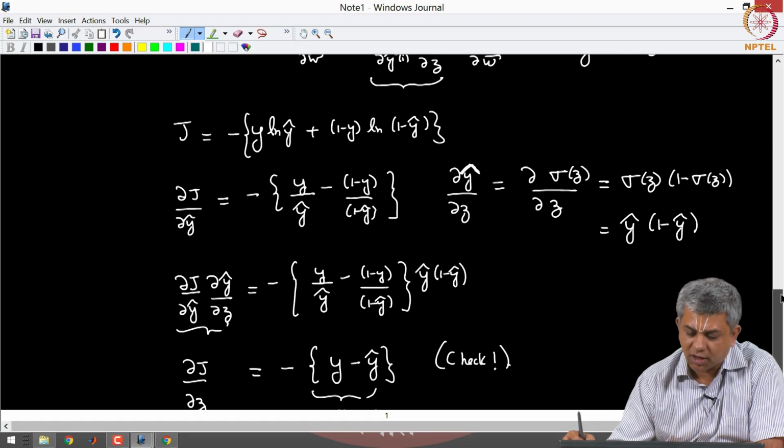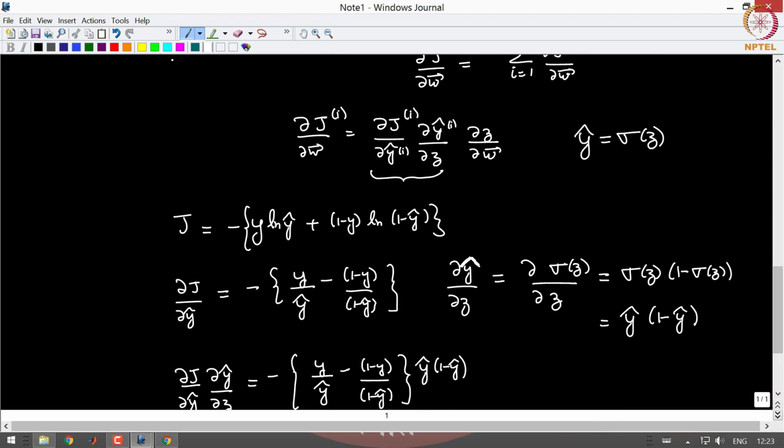We have one other term left in this expression, which is del z del w. Remember, z was the w vector dotted with x, where the w vector includes w naught.